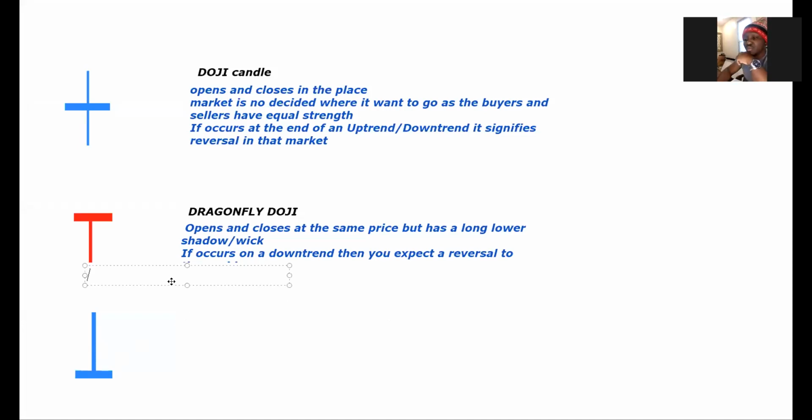This right here is the gravestone doji. It's the reverse of this one at the top.